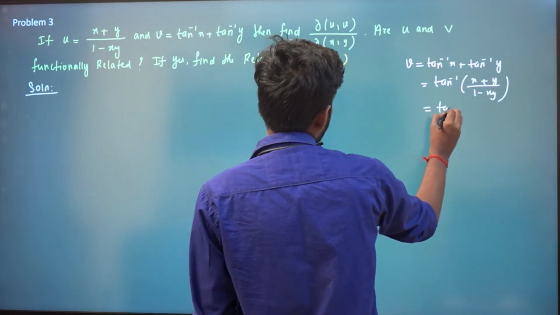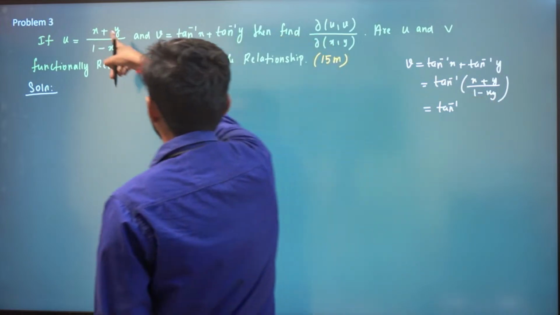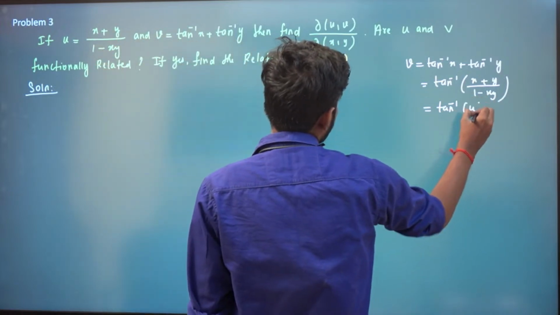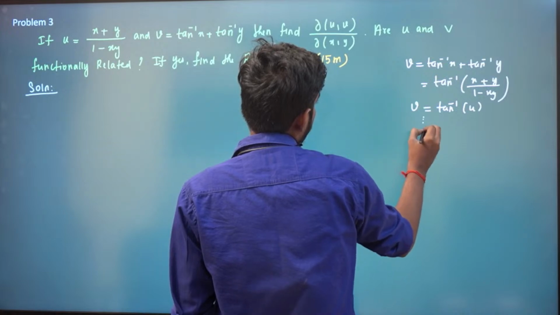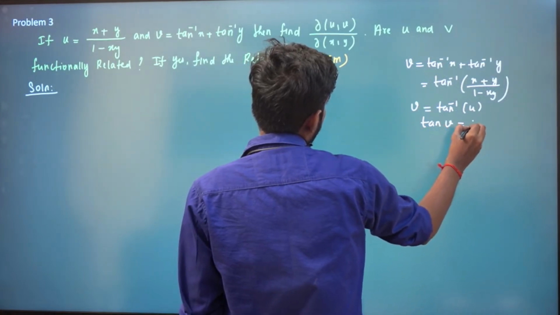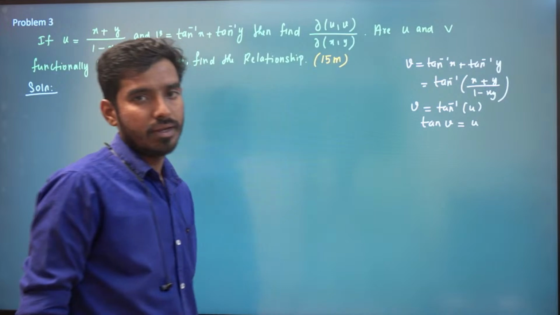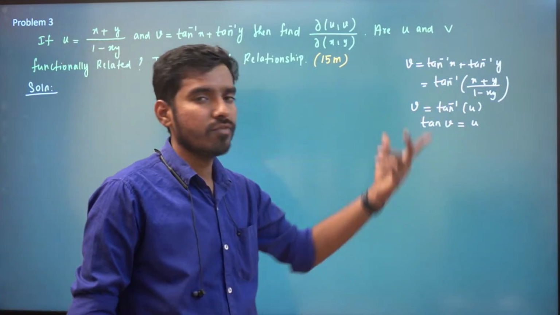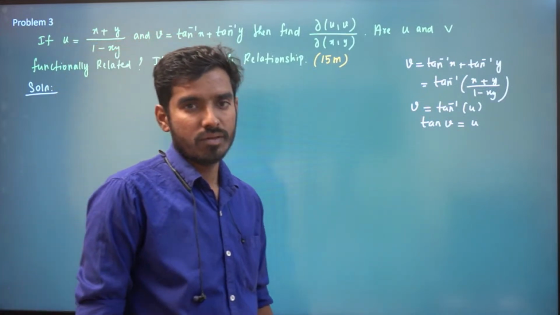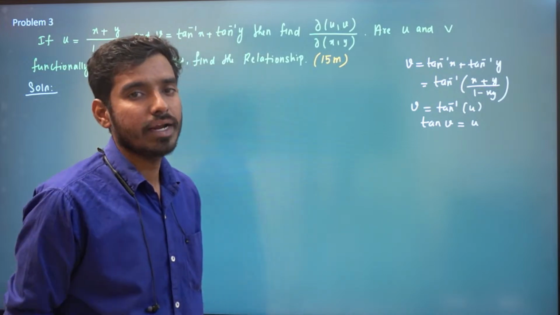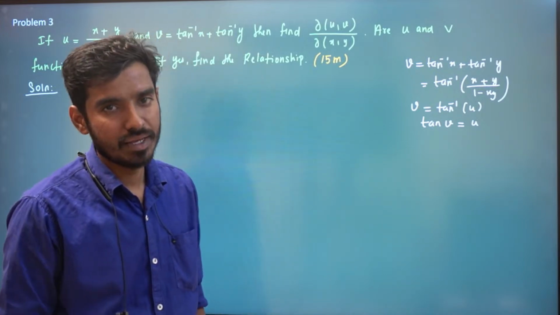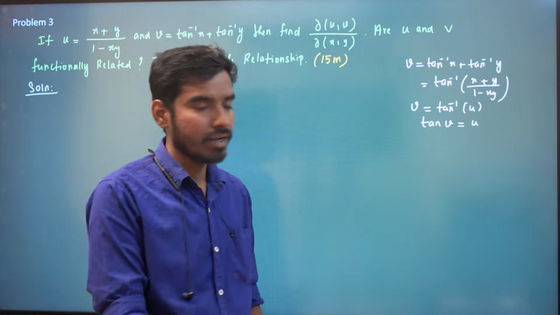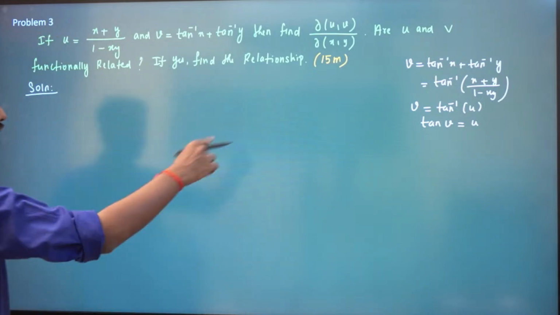Now (x plus y) by (1 minus xy) is equal to u. This is v. So that means tan v is equal to u. That means u and v are related, right? If I know v, I can find u, because u is nothing but tan v. So by looking at the question itself, I can say these two are related.